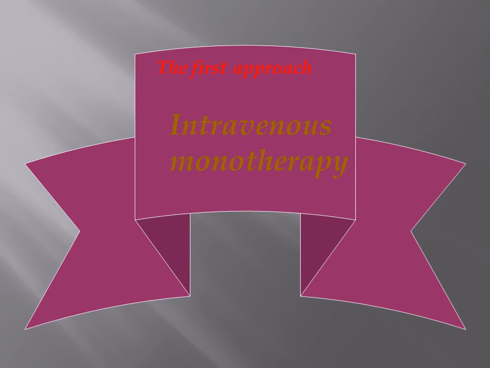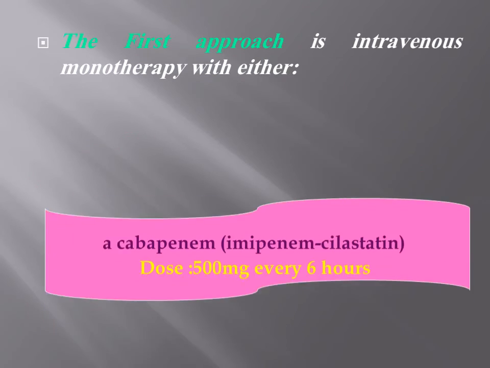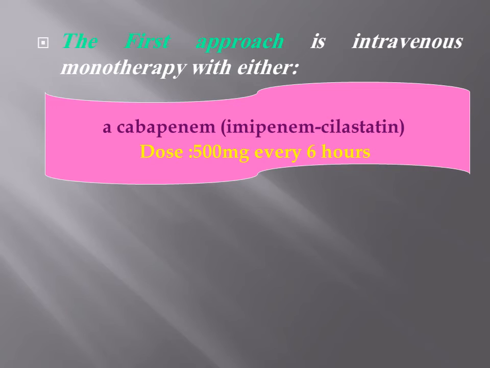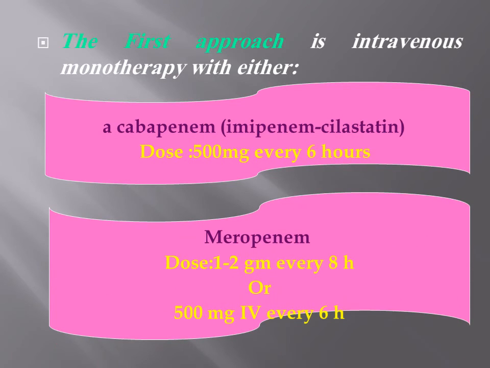First approach, intravenous monotherapy. For example, carbapenem, imipenem-cilastatin in a dose of 500 mg every 6 hours. Meropenem or Merrem, 1 to 2 gram every 8 hours or 500 mg IV every 6 hours.